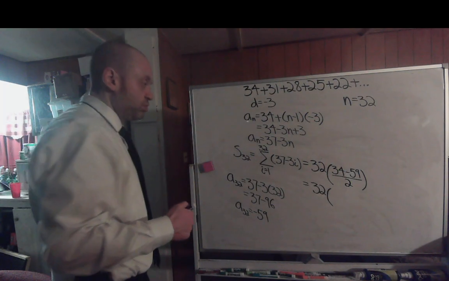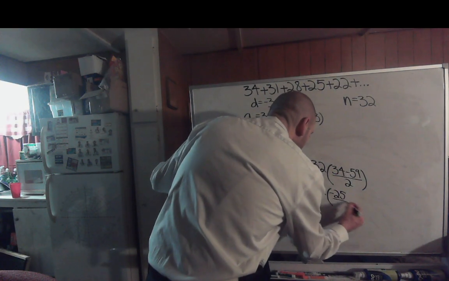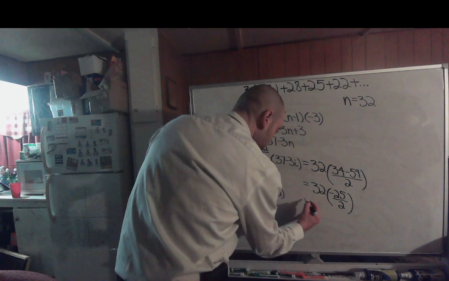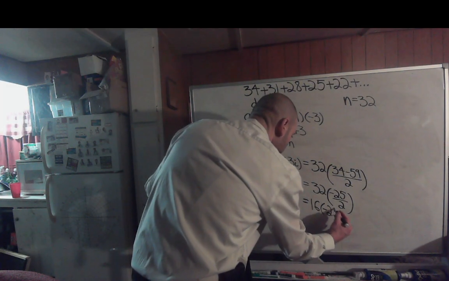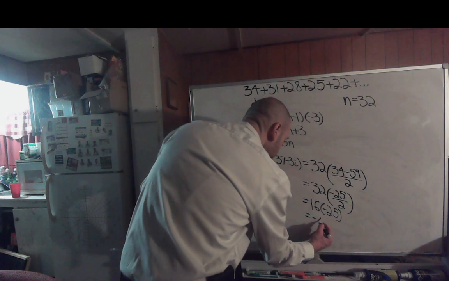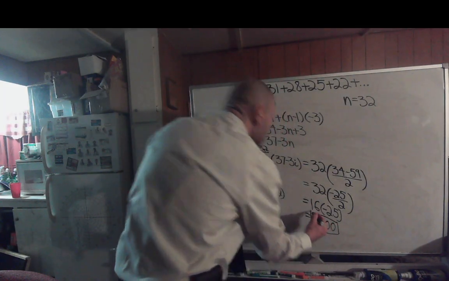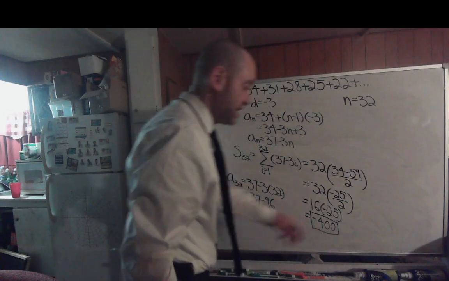That'd be negative 25 all over 2. Well, the 2 will cancel into 32. You'll get 16 times negative 25, which would give you a sum of negative 400. So the sum of the first 32 terms of the series is going to be negative 400.